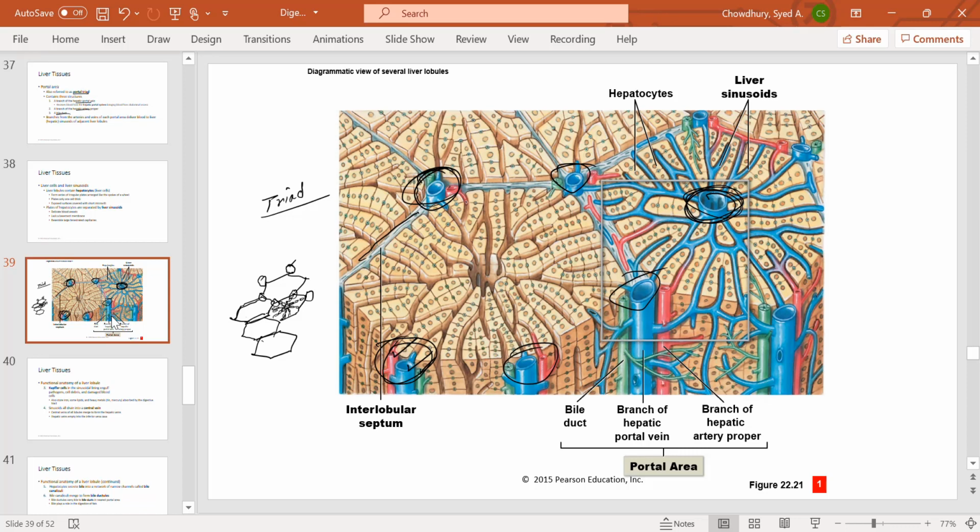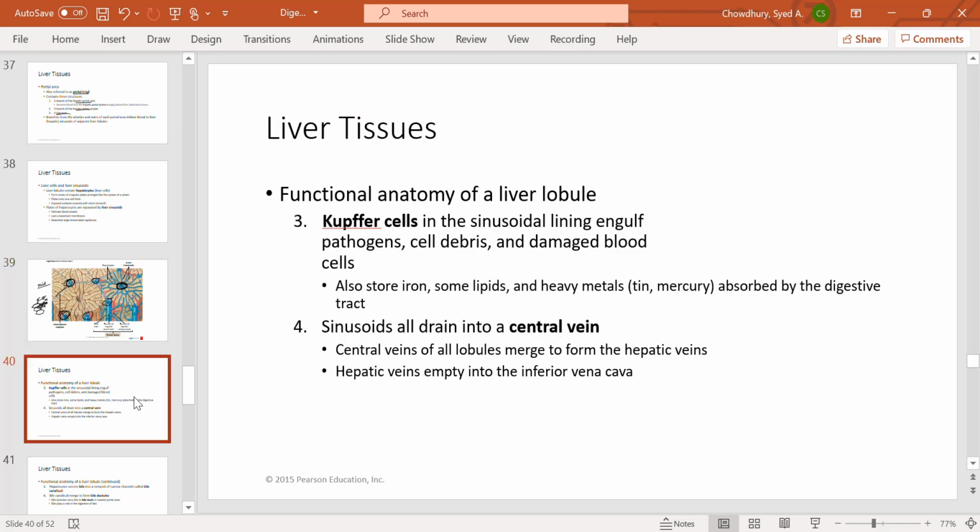So the hepatocytes will secrete bile, and the secreted bile through the bile canaliculi will enter into the bile duct in each portal triad. Okay, will collect that bile. That's why you have the bile ducts in each corner. Okay, so central vein, right, in the center here.